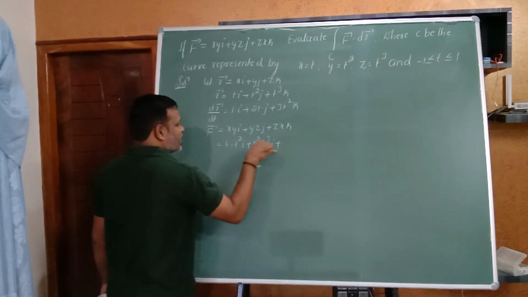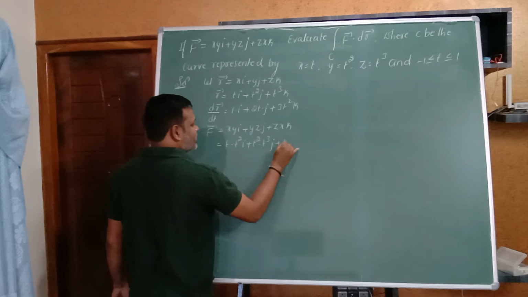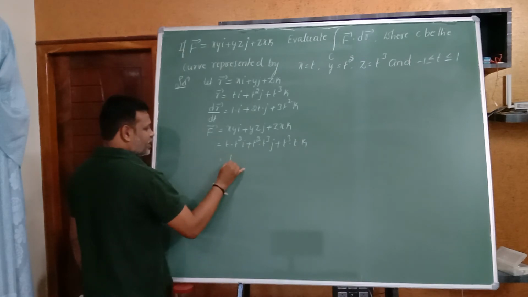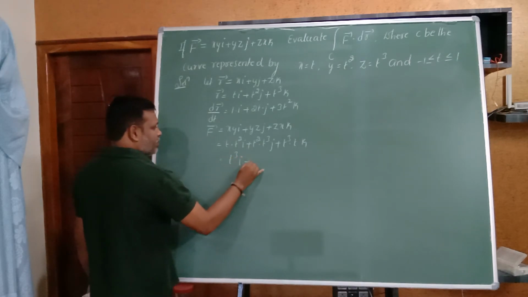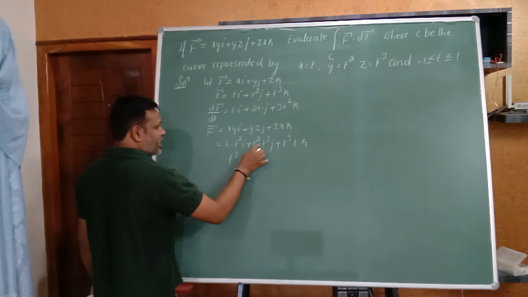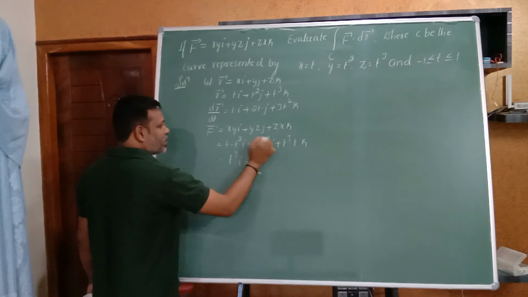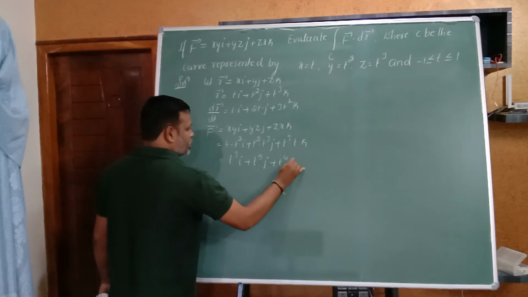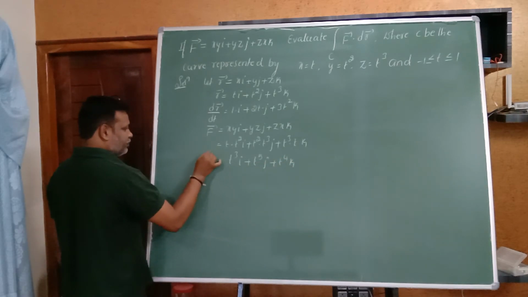Simplify this. It becomes t cube i plus t power 5 j, since t square into t cube, when bases are same, powers can be added, plus t power 4 into k. This is the F vector.